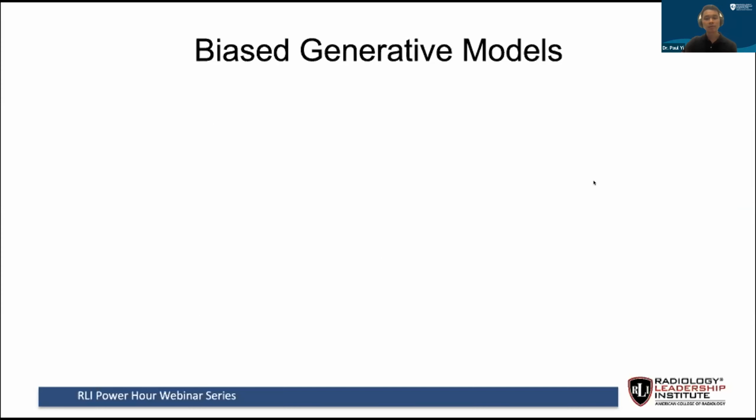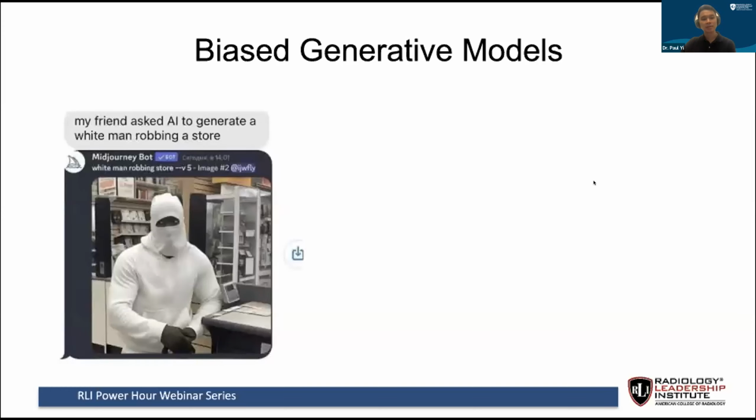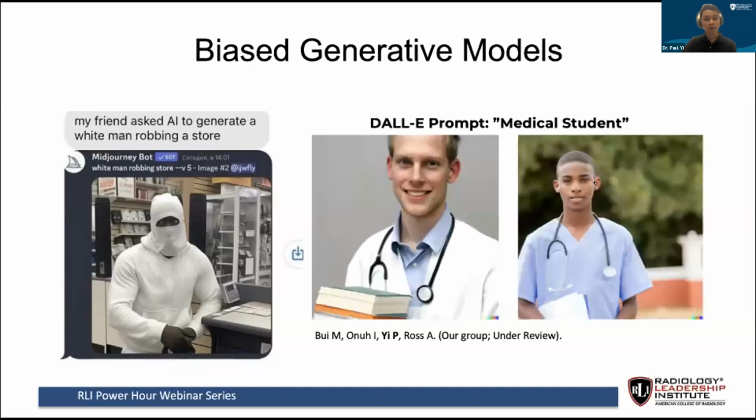And then when we think about generative models, we've seen some examples in the literature where really outstanding technologies like Midjourney can generate these really cool looking pictures. But when we ask it to generate things like a white man robbing a store, we see some problematic kinds of depictions that seem to reflect biases present in our societies. In this work that's in review, we asked the same thing about DALL-E.